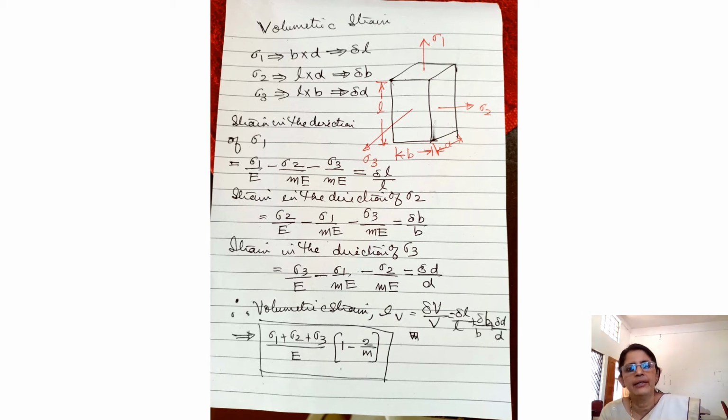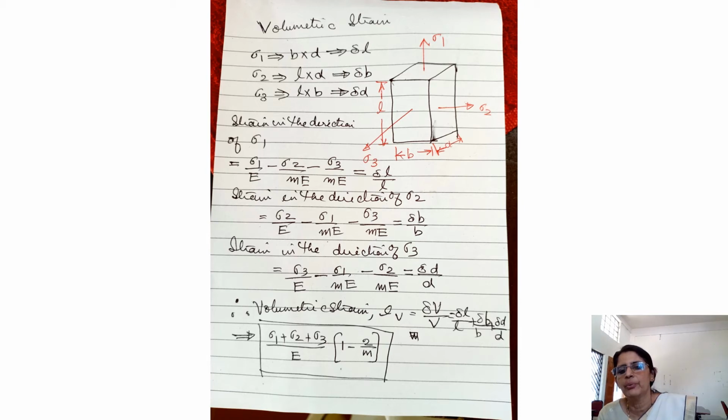Since I have taken sigma 1 by E as positive, this is minus and this is also minus, and we assume that all the 3 stresses are tensile. This is equal to strain of the length, so it is delta L by L.